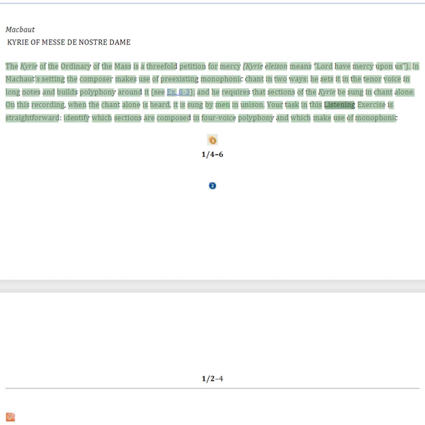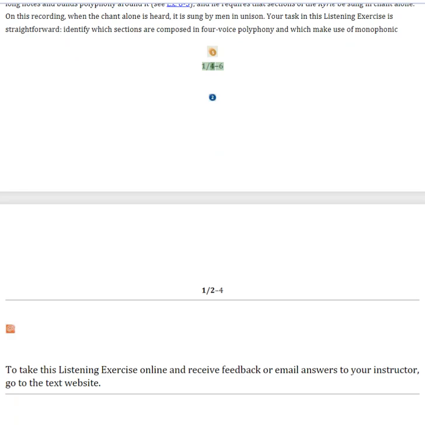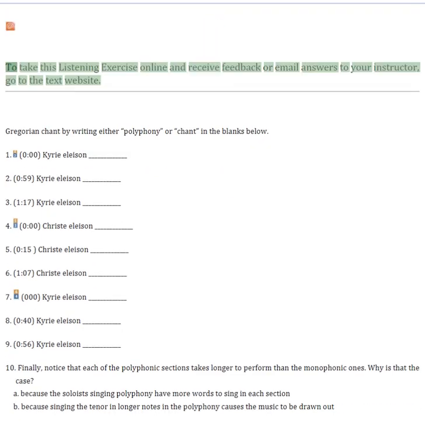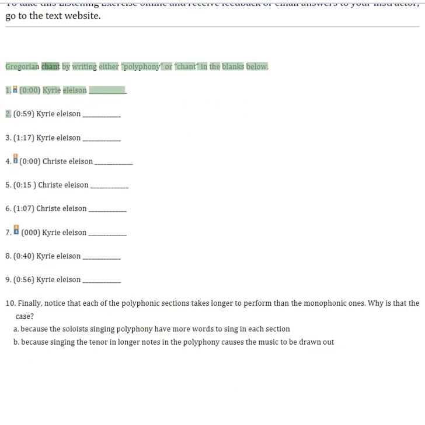Your task in this listening exercise is straightforward: identify which sections are composed in four-voice polyphony and which make use of monophonic Gregorian chant by writing either polyphony or chant in the blanks below. To take this listening exercise online and receive feedback or email answers to your instructor, go to the text website. 1.